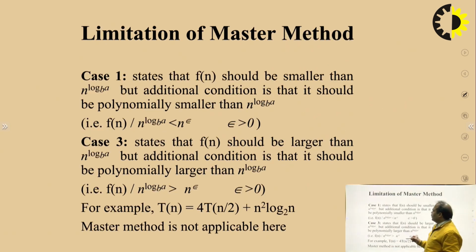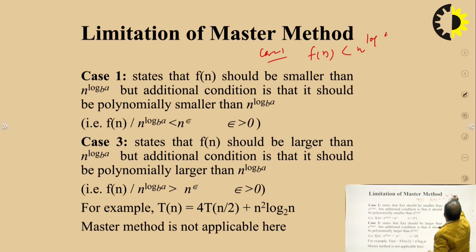In case number 1, we are not only comparing f(n) with n to the power log a base b. We are also checking another condition: in addition to f(n) being less than n to the power log a base b, we have to check whether f(n) is asymptotically smaller than this or not.